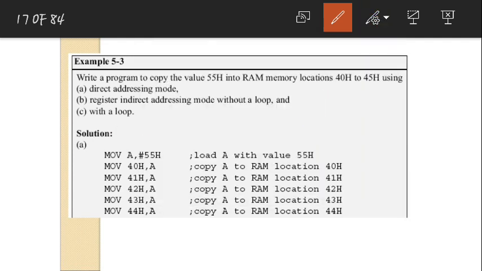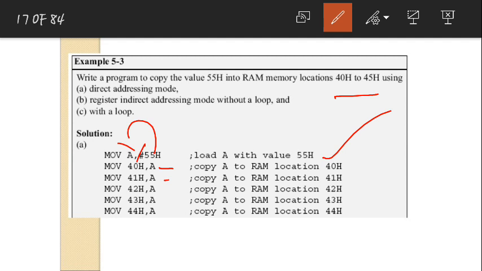So first is direct addressing mode. In this direct addressing mode, see, first the value 55 is moved into A. So load A with the value 55. This is done. After that, this 40 to 45 he mentioned. So we should move that 55 into 40, right?